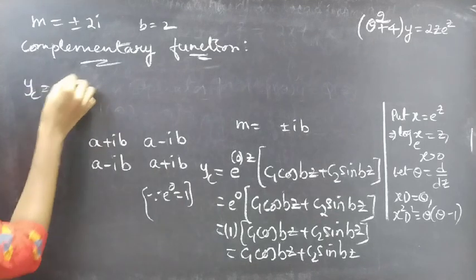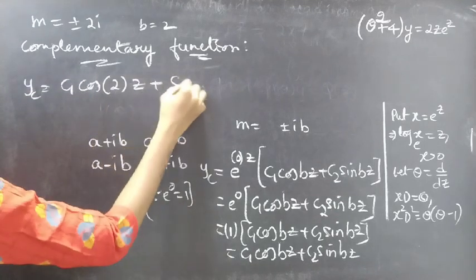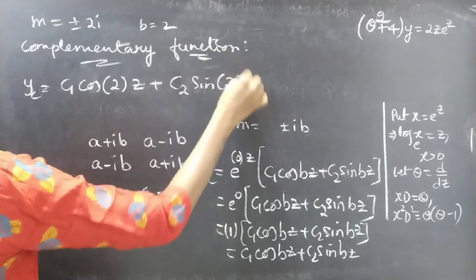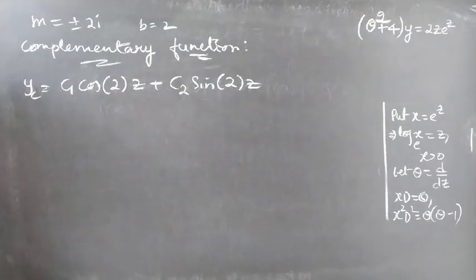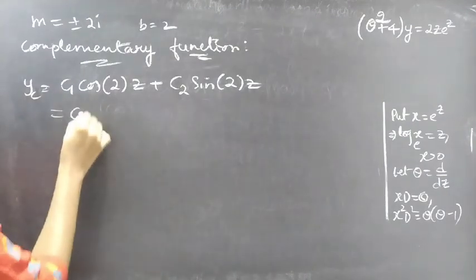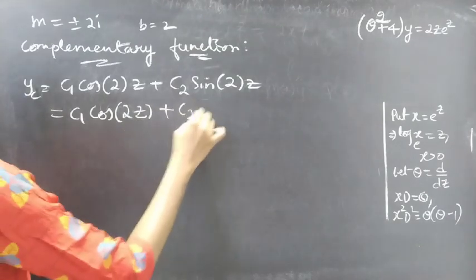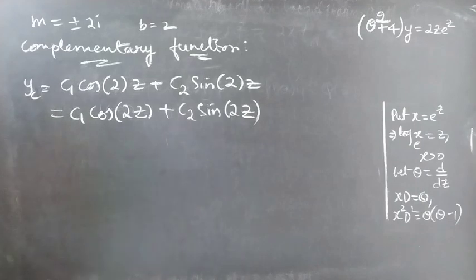Let's write our complementary function: yc equals C1 cos bz plus C2 sin bz. This becomes C1 cos 2z plus C2 sin 2z. See, now we are having yc in terms of z.